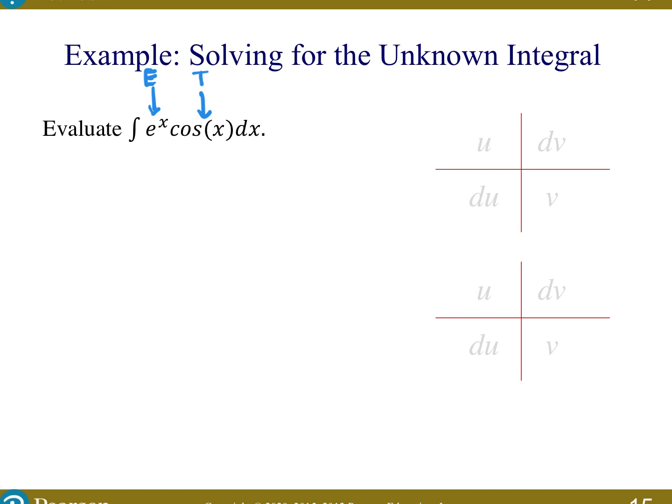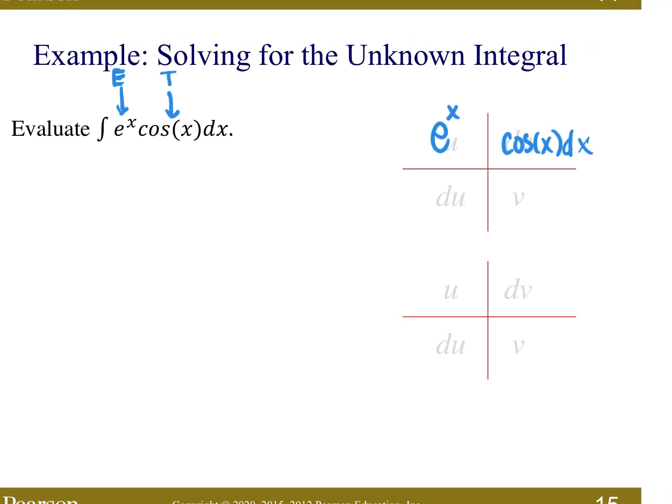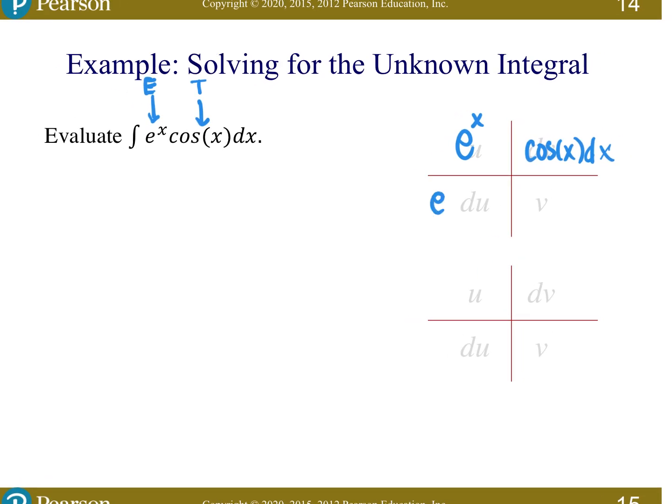All right? So you still always want to pick, the e is going to beat the trig. Exponential beats trig. So e to the x is going to be your u, which means cosine of x dx will be your v. And then the derivative is still e to the x, so that's unchanged.